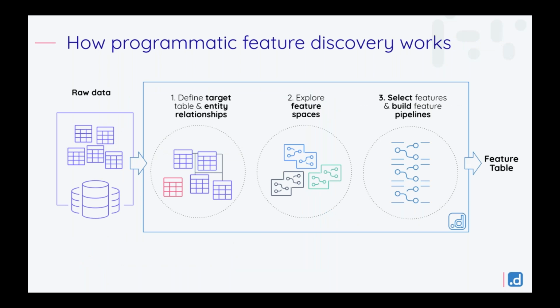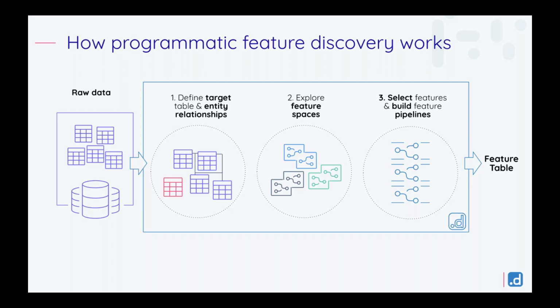There are 3 key steps. The first one is to define what your target is, what your prediction interest is, and what the entity relation is between all those data sources that you are interested in. That's the first input. The second one is, with this input, the programmatic feature discovery engine by itself will explore all potential features and provide this feature space definition for you.